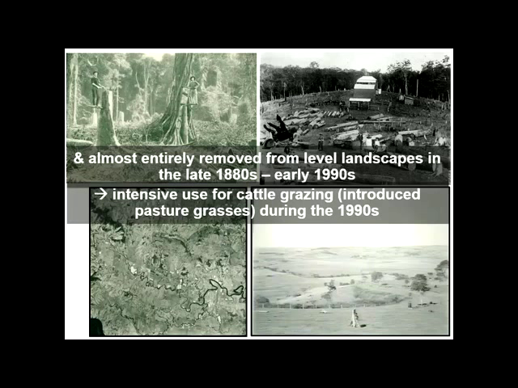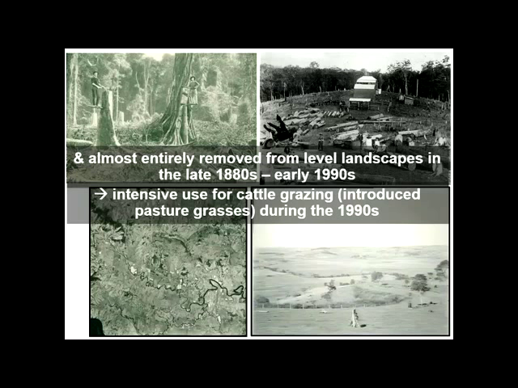Additionally, when European colonists hit the scene, they set about clearing the forest. The top two pictures are from North Queensland, the bottom two are from the subtropical rainforest landscape in the Big Scrub, which was particularly heavily denuded. Those bottom photographs show the situation in the 1950s.